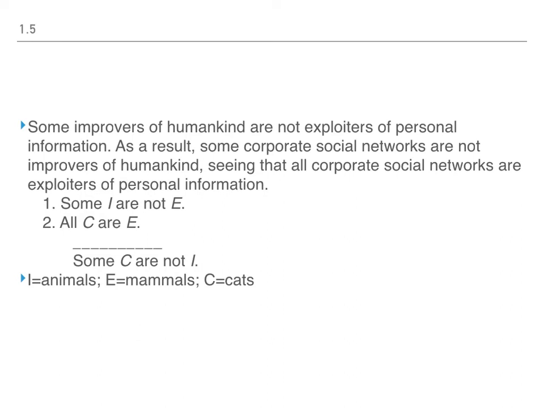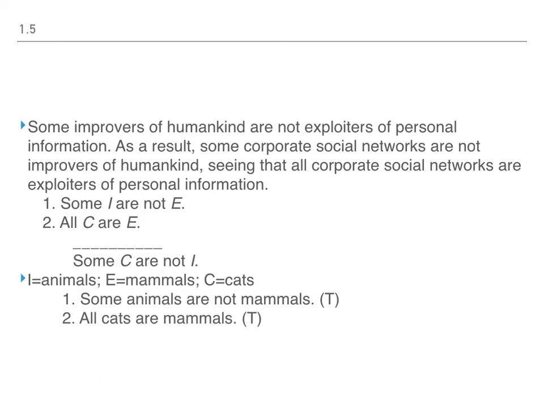Okay, well anyway, here's a way of generating a counterexample. If we take I to stand for animals, E to stand for the group of things which are mammals, and C to stand for the category of things which are cats, then the first sentence, some I are not E, says that some animals are not mammals, which means there is at least one animal which isn't a mammal. Fish are not mammals, so that makes the sentence true.